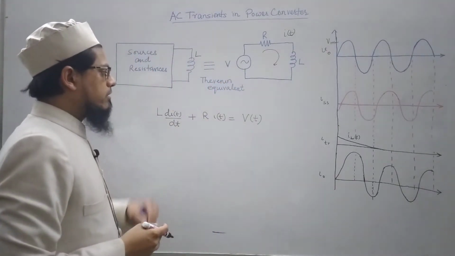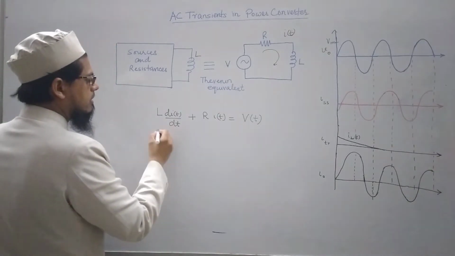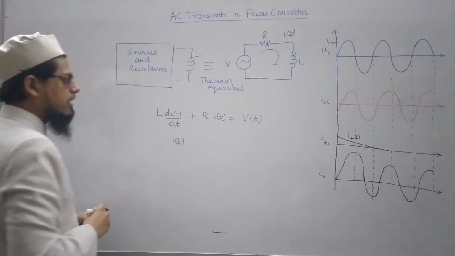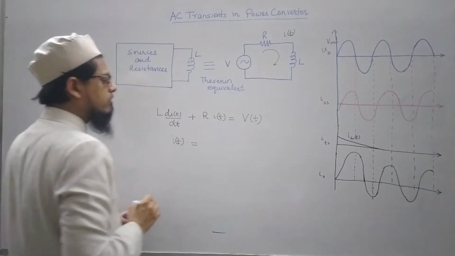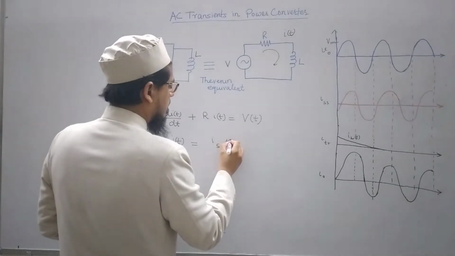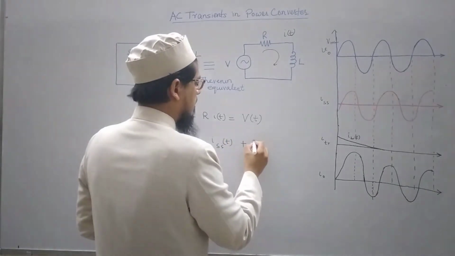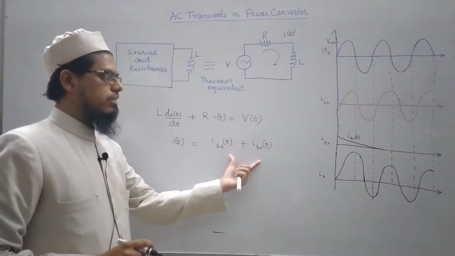In this situation, we know that since this is a first order differential equation, the current iT consists of the steady state solution and the transient part of the solution.